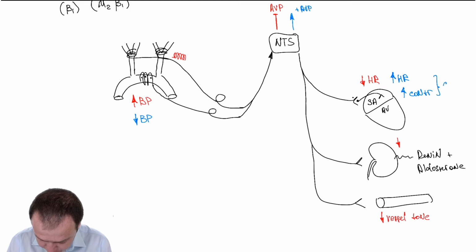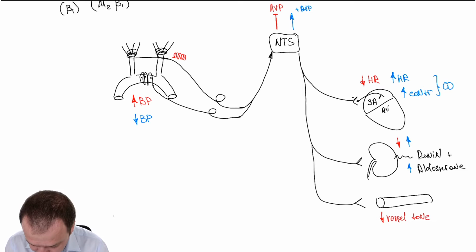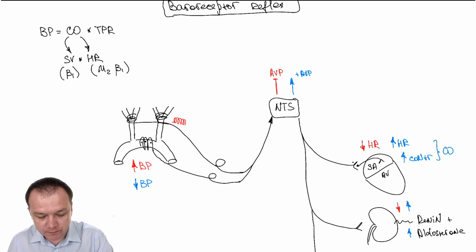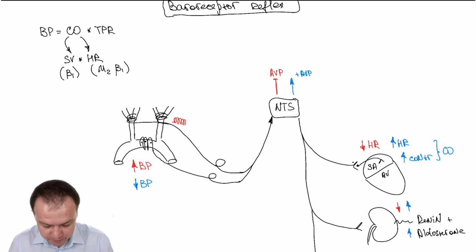So cardiac output increases. We have increasing in renin releasing, and we have rising in aldosterone level, and we have increasing vessel tone, and all these changes return blood pressure back.